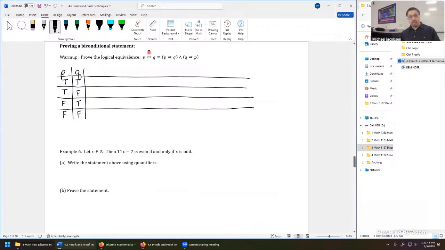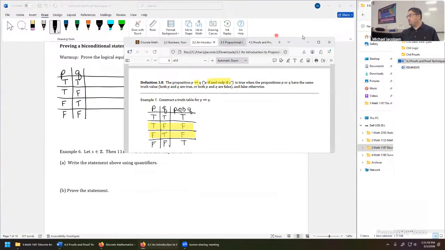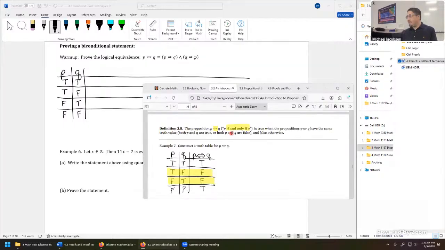And the first thing I would do to verify this is just look into the if and only if. Quick reminder how this one goes. Let's go to section 3.2. The if and only if statement is saying P if and only if Q is true only in the cases where both P and Q have identical truth assignments. That's why we got true on this row and on the bottom row, even though it was false elsewhere.